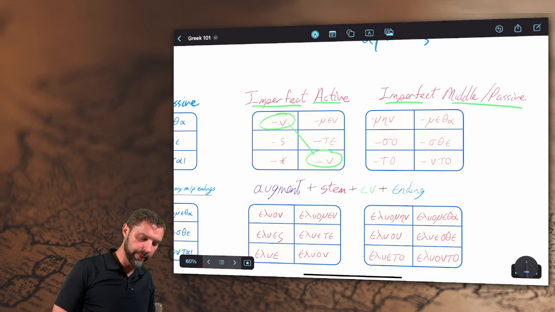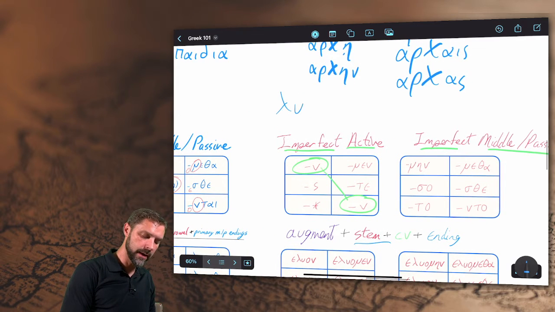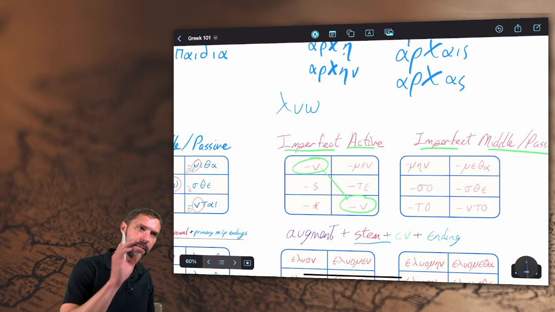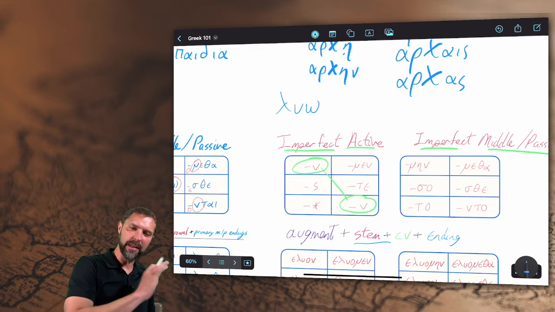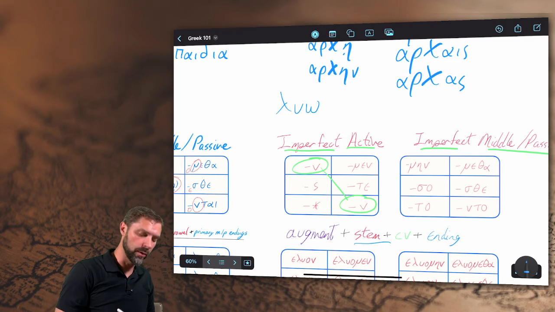How we're going to put these together is that we're going to do the same kind of process here that we did before. I put my stem. Remember the way we find our stem? Our stem in this case, as before, is luo, and we use that top left spot in the present tense. It's always the simplest or most basic or the first one you learned. So my omega right there, take that off. My stem is lu.